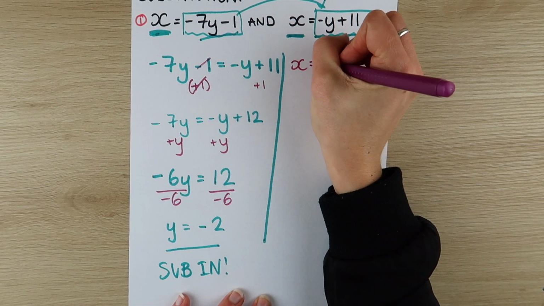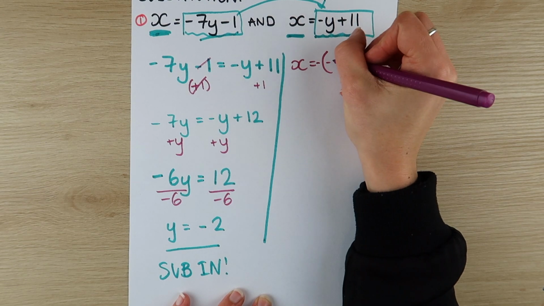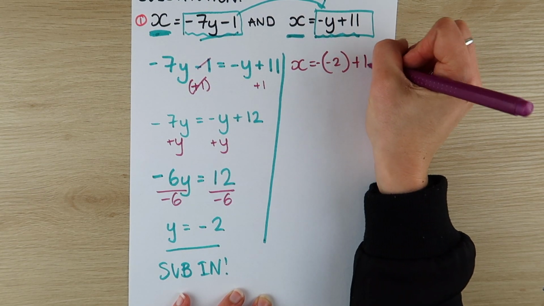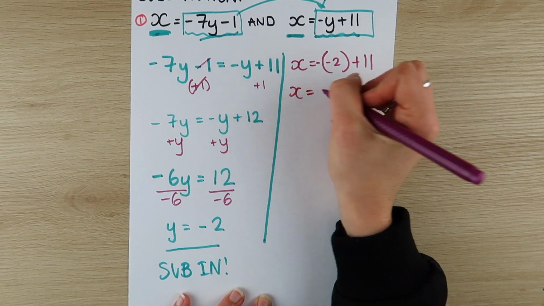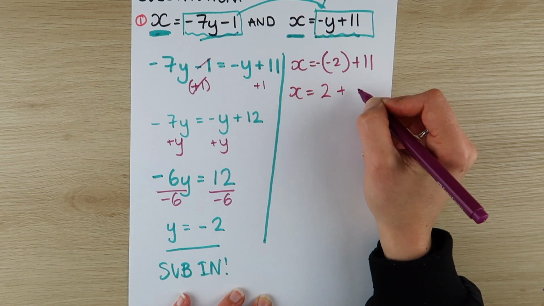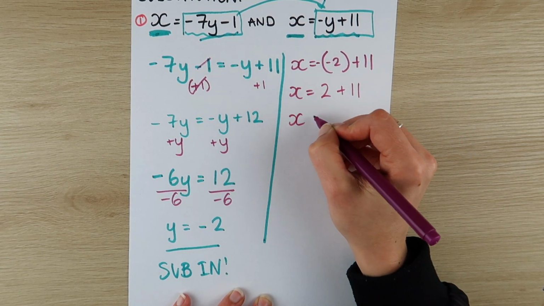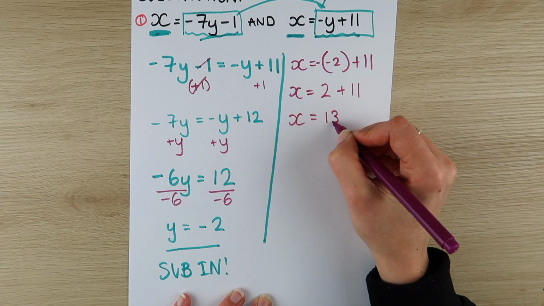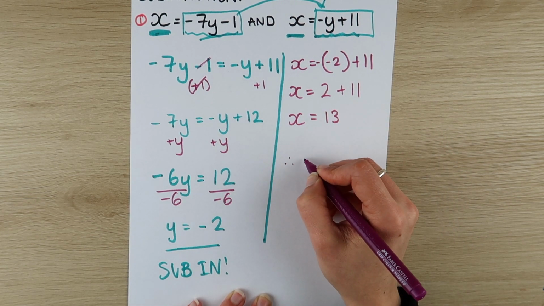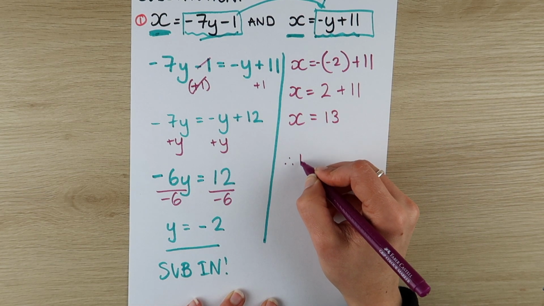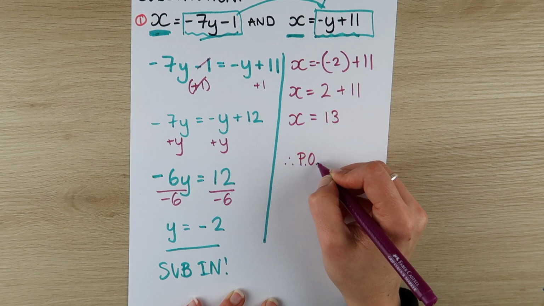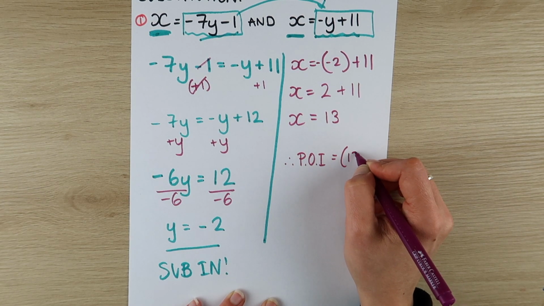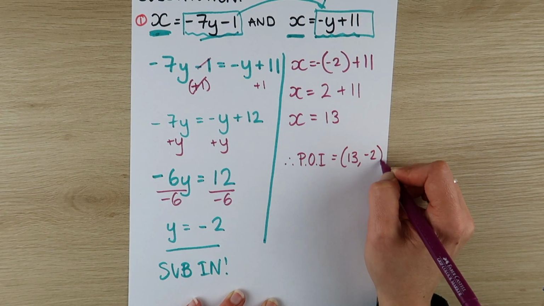So x is equal to negative 2 plus 11, which just becomes positive 2 plus 11. So x is 13. Therefore, my point of intersection is 13, negative 2.